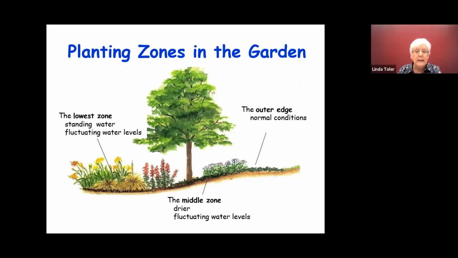And so plants in this zone are going to be those that can stand a little bit of water, little wet feet, but not for very long periods of time. And then the top edge of the rain garden is like any other garden in your landscape. So you can put any kind of plants in there that will thrive in that particular light condition.